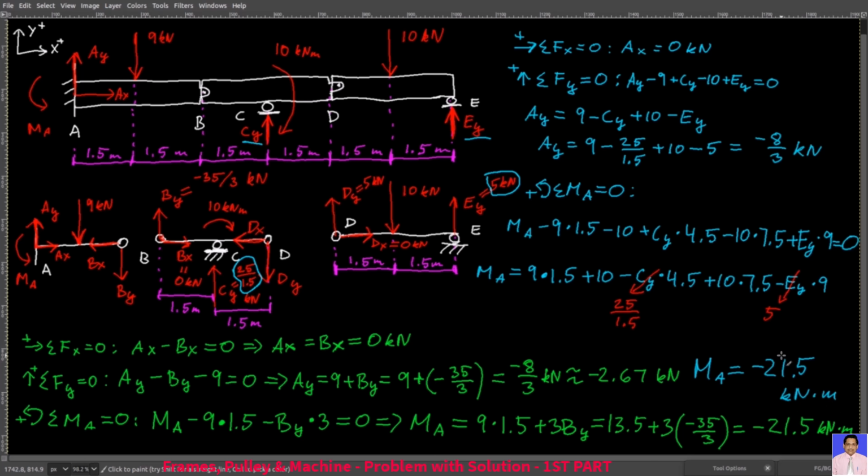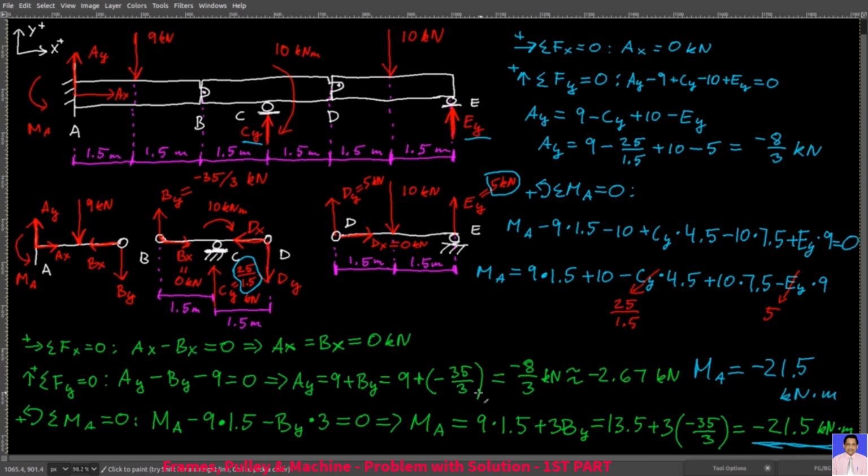As you can see, in both cases, you get the same answers. Whether you take this AB member separately or you take this entire global structure, you get the same Ma, minus 21.5 kilonewton meters, just like here.